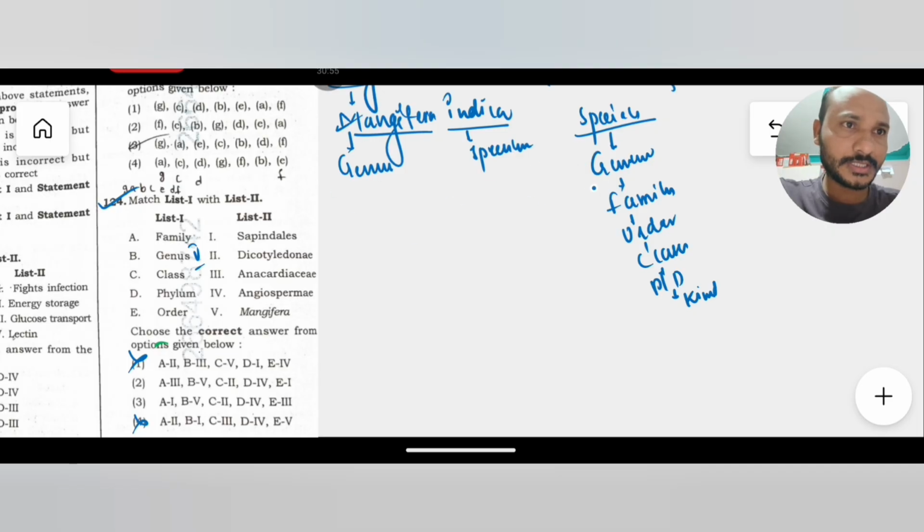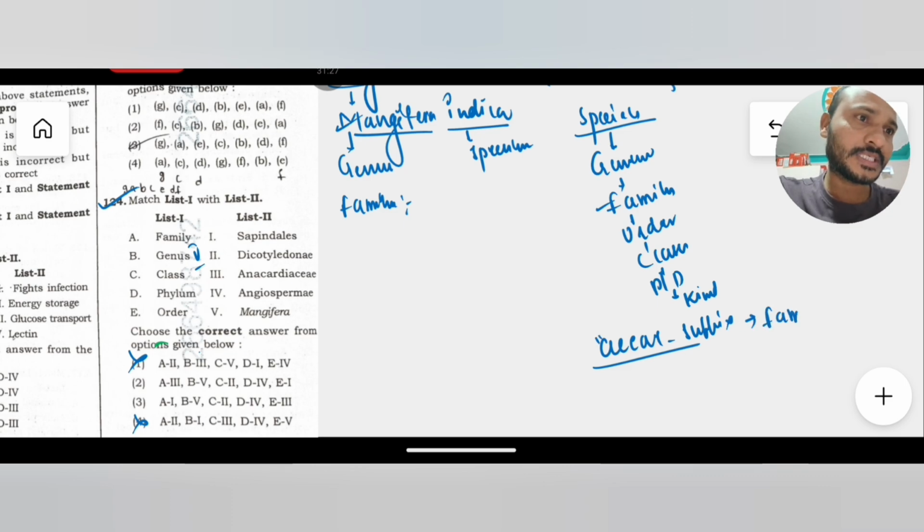After genus we need to write family. The mango family is Anacardiaceae. Remember how to identify a family: every family name ends with the suffix ACEAE, which indicates a family.